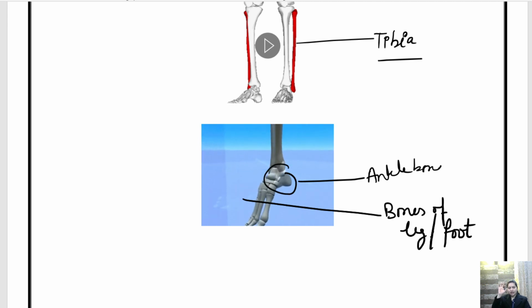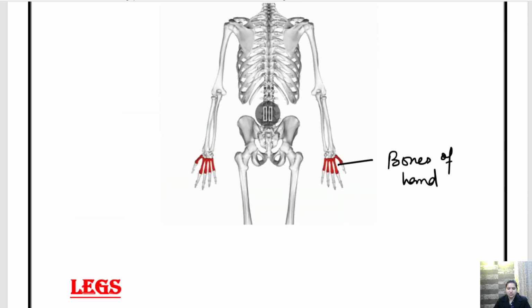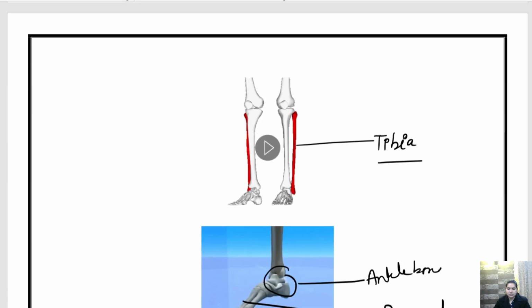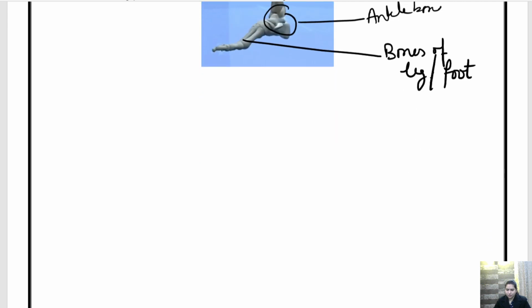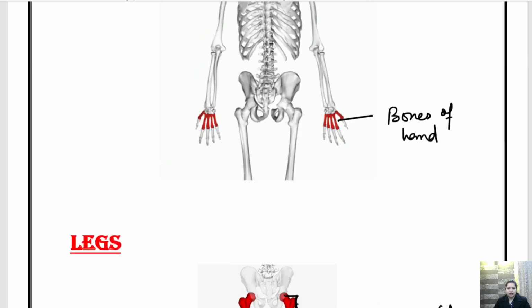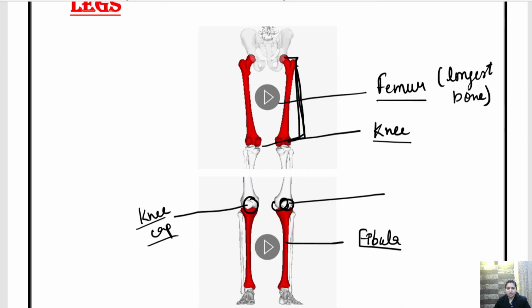Like we have in our hands, in the same way we have it in our legs. There are several bones present. So we have femur, knee, kneecap, fibula, tibia, ankle bone, bones of leg and foot. Clear? So these are the different parts of bones that are present in the leg.